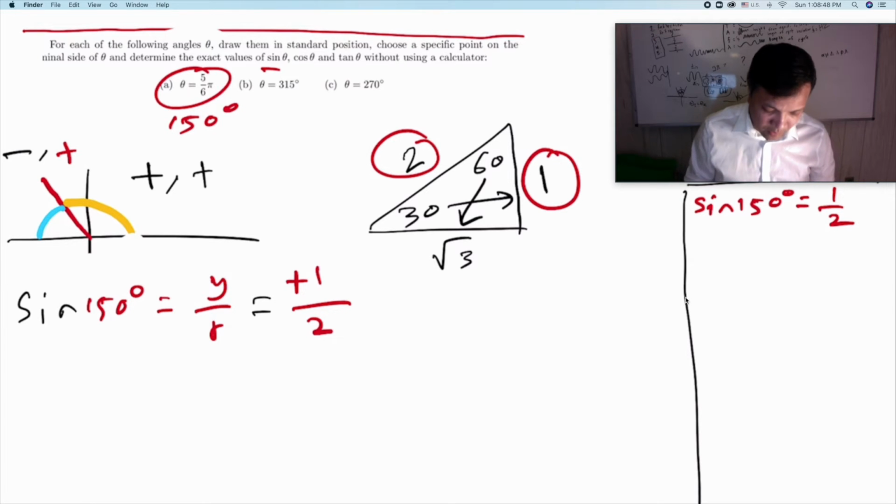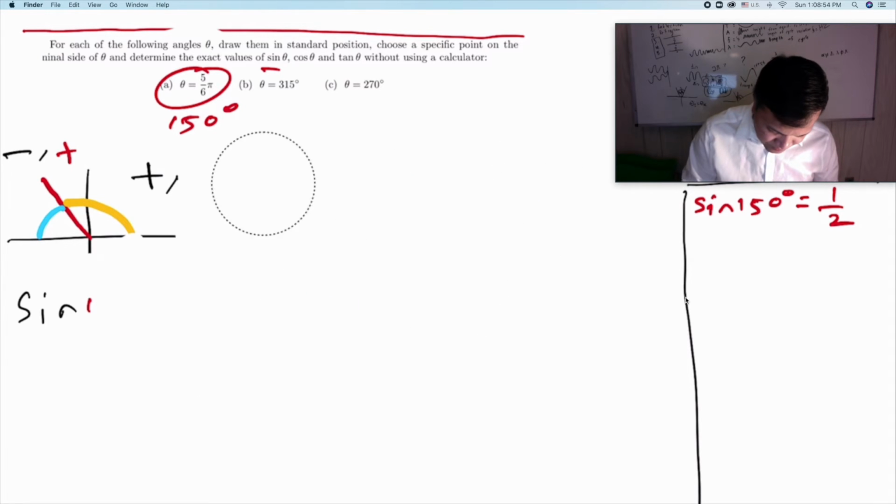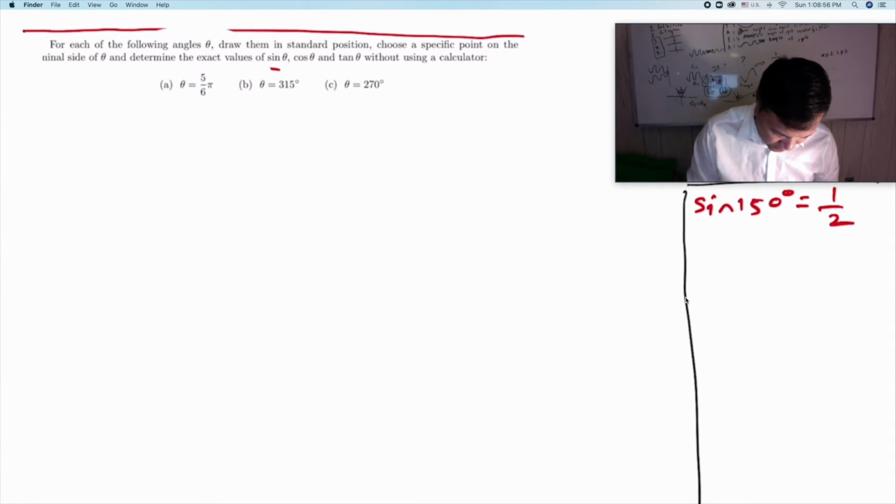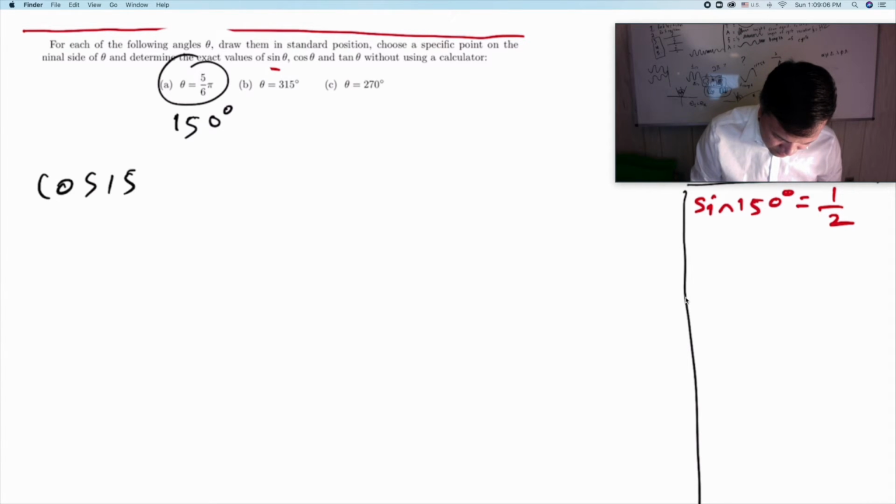All right, now let's do the next one. Next one is cosine. We already know this is 150 degrees, then cosine 150 degrees is what? That's what we try to find.